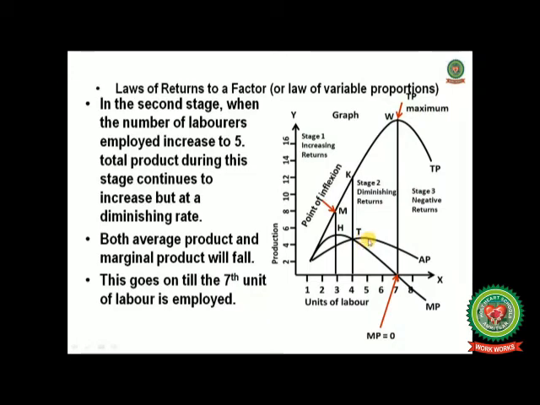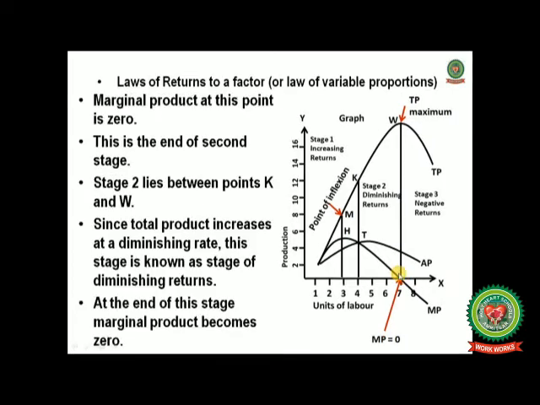Both average product and marginal product are falling, and this goes on up to the employment of the 7th unit of labor. Marginal product at this point is equal to 0. So this is the end of the second stage. The second stage lies between the points K and W.